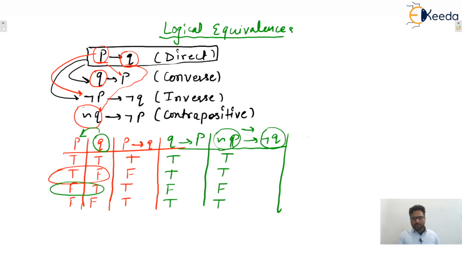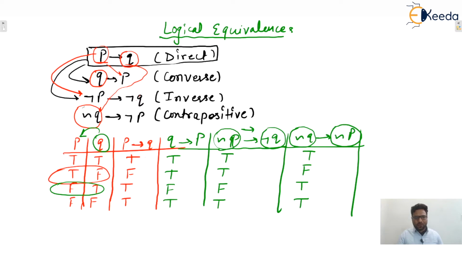And the last one is negation Q implies negation P. First find negation of Q, then negation of P, and then take the implication. So it becomes true, then false, true, true.